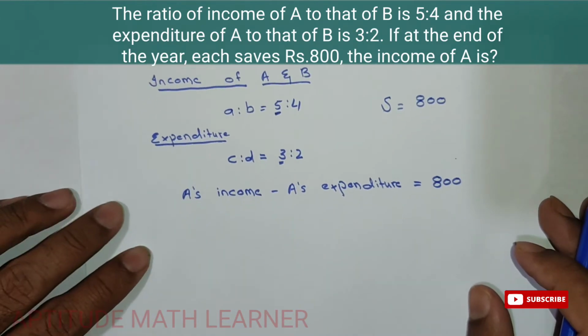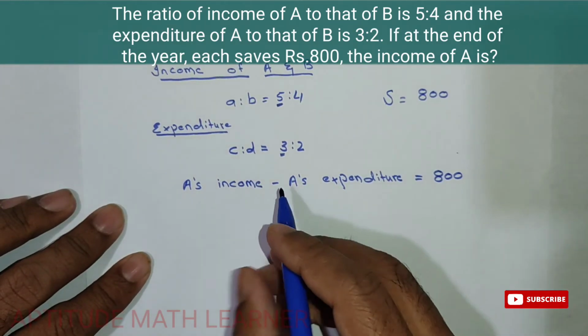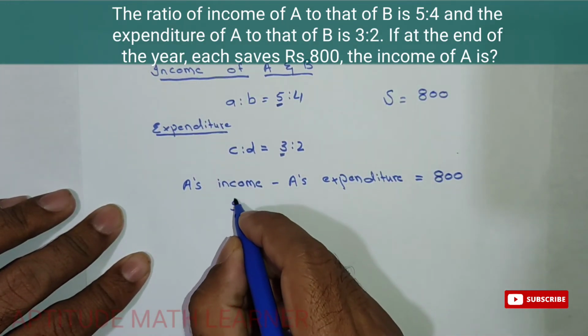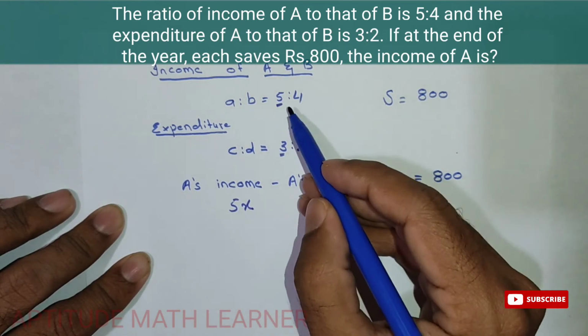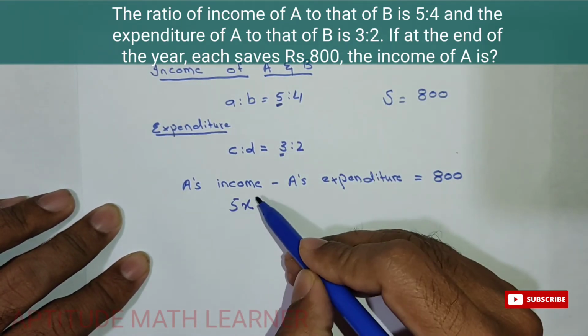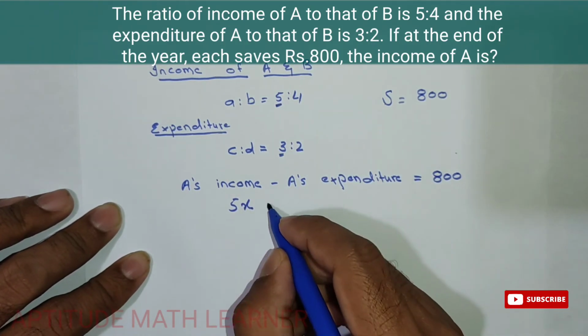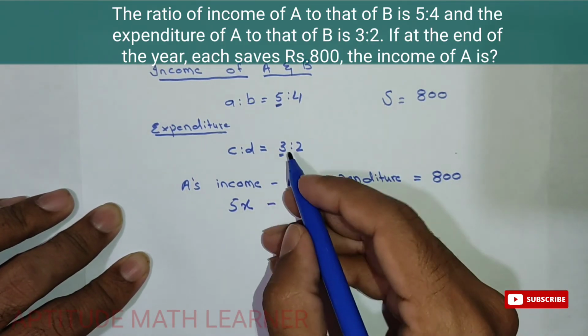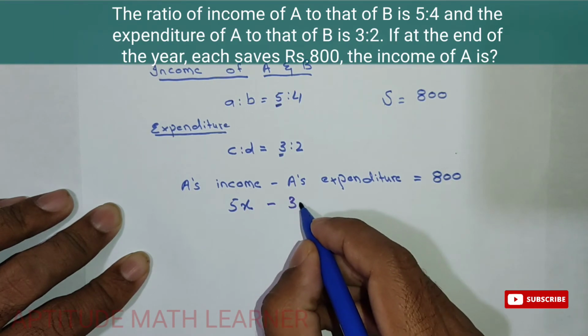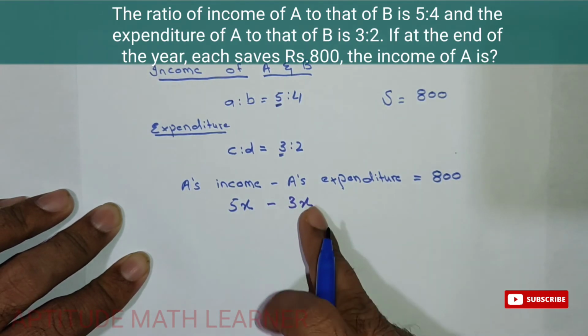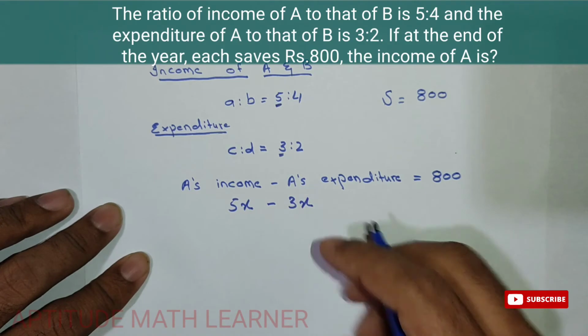So here we take x. 5x is A's income, and minus 3x is the expenditure. So what does it mean?